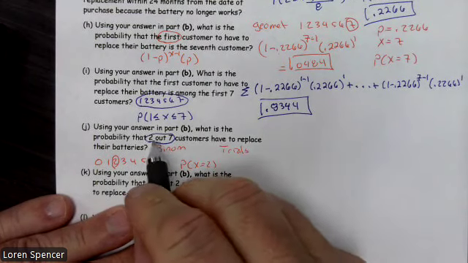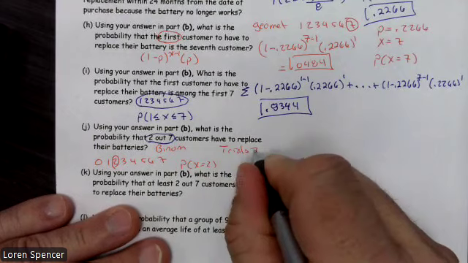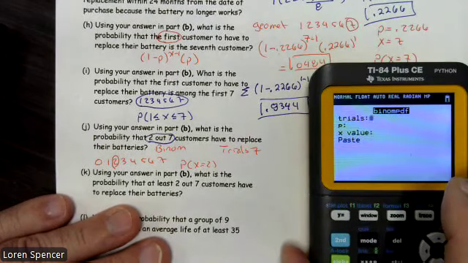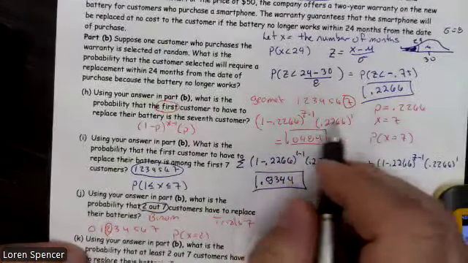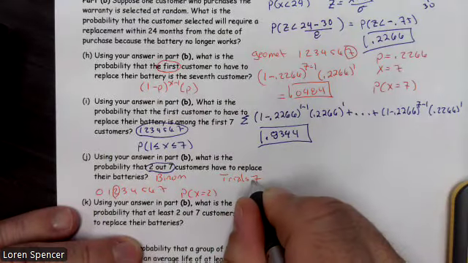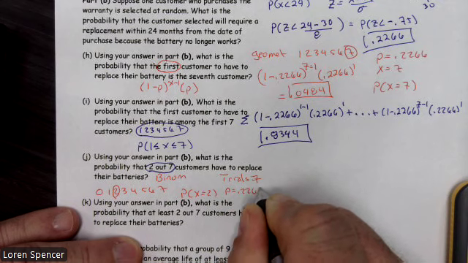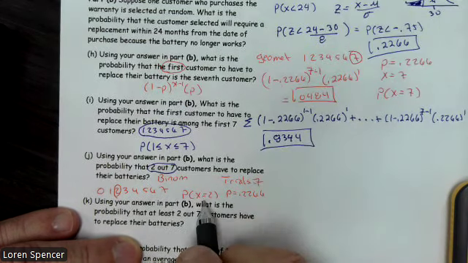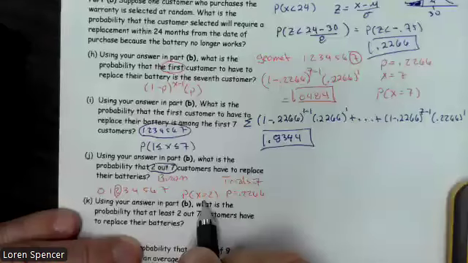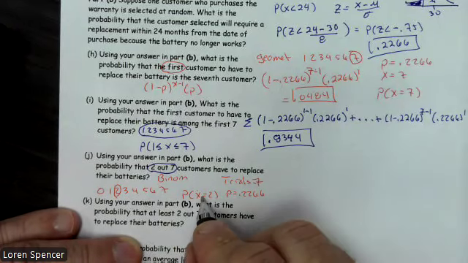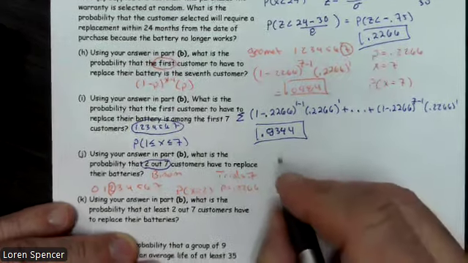Well, how many trials? It's 2 out of 7, so our trials is 7. It asks for my probability. We got that from part B, which is 0.2266. P equals 0.2266. And in this case, X equals 2. They told us that. So we want the probability that X equals 2.